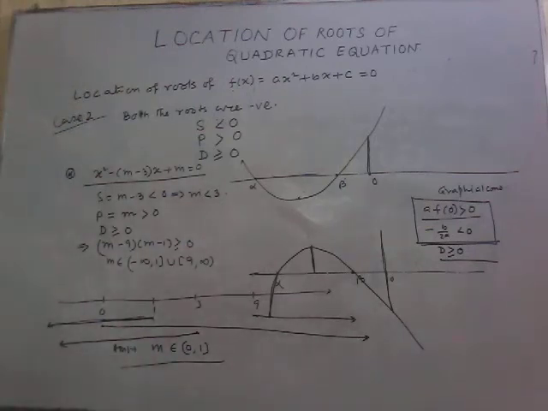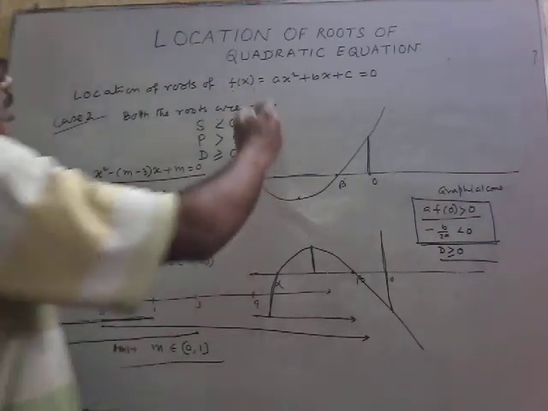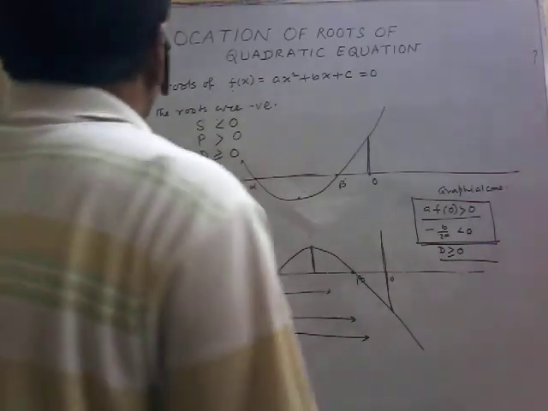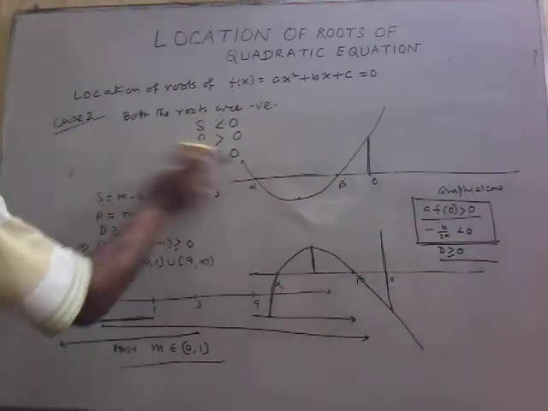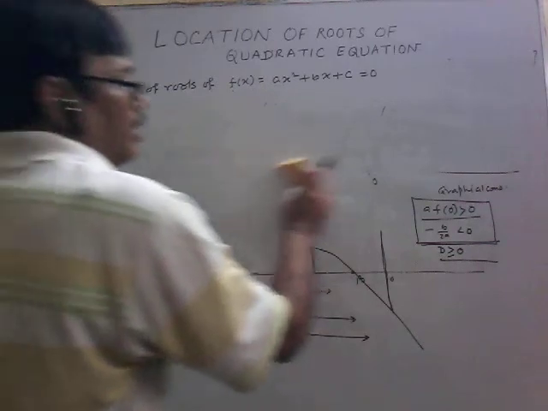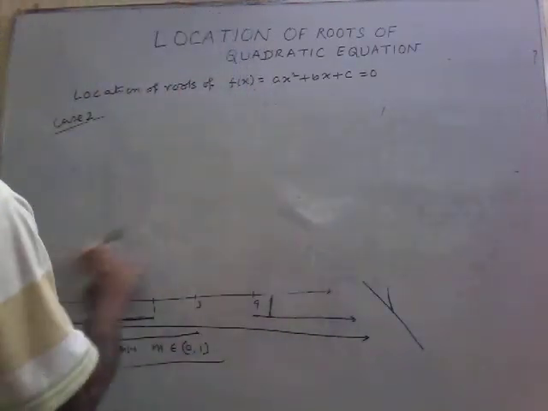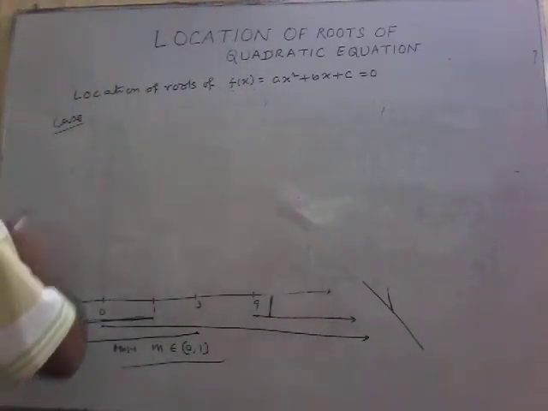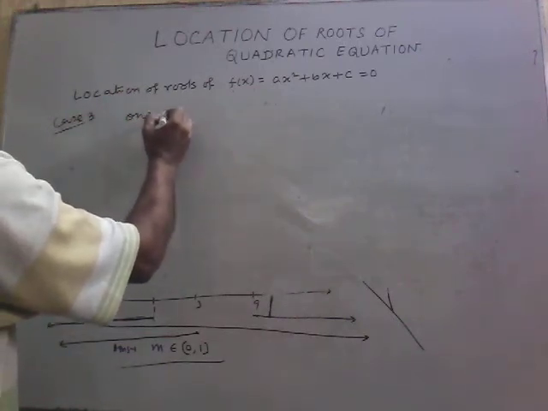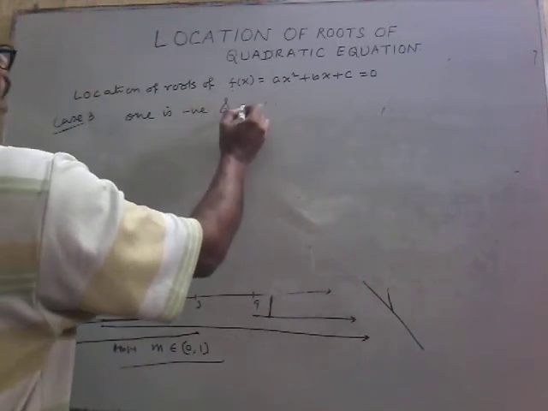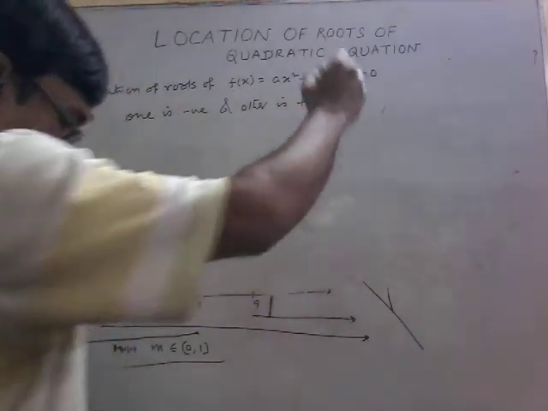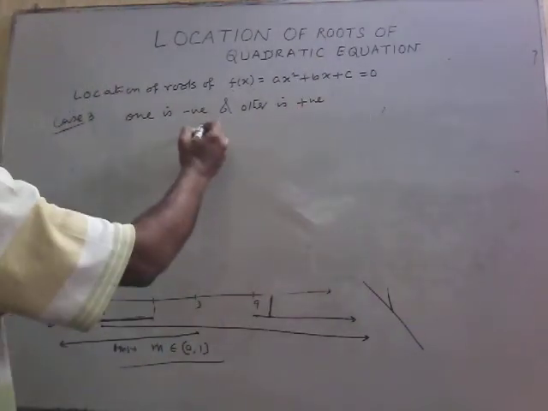So this one. Location of roots. Both roots are negative. Now, case 3. One root is negative and the other is positive.